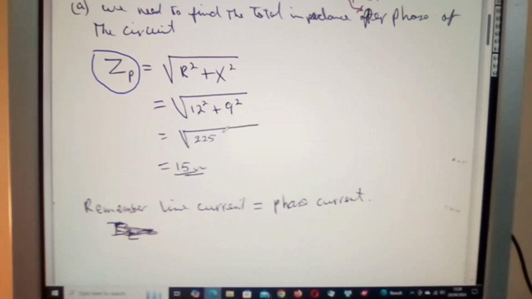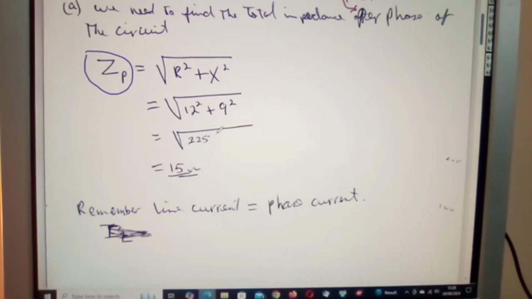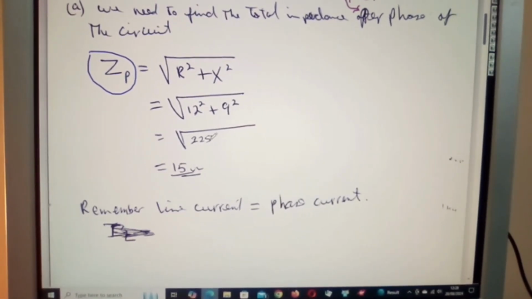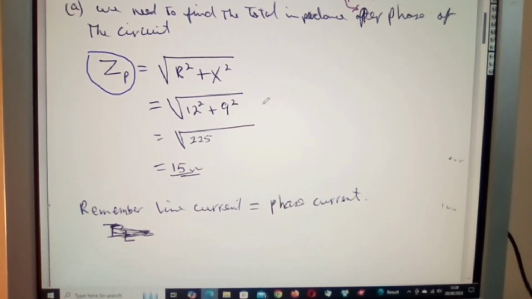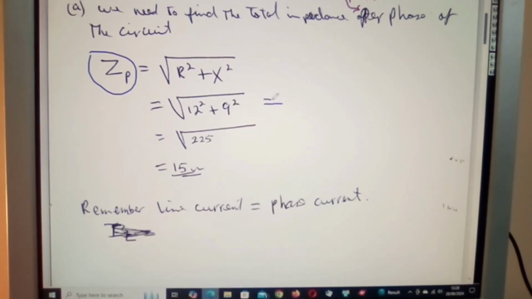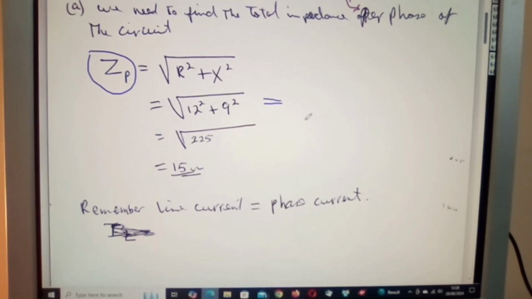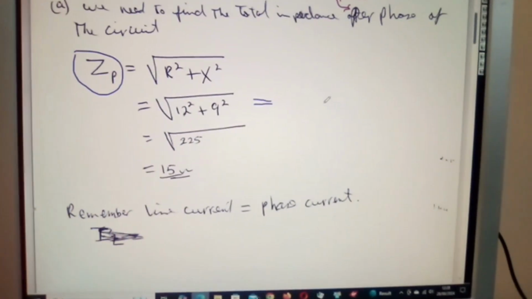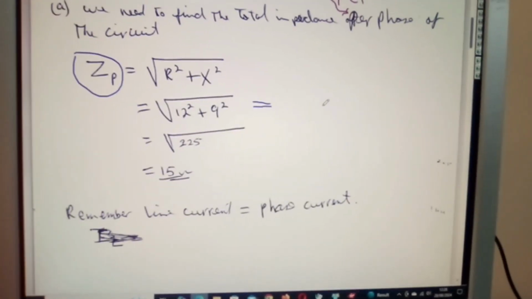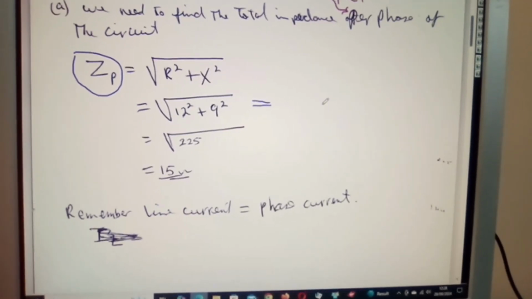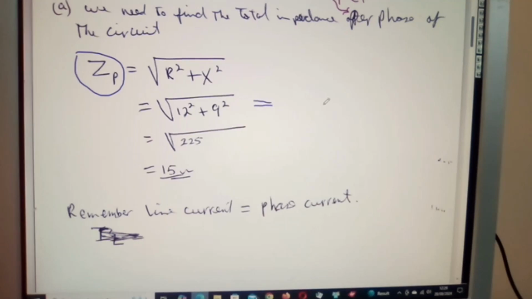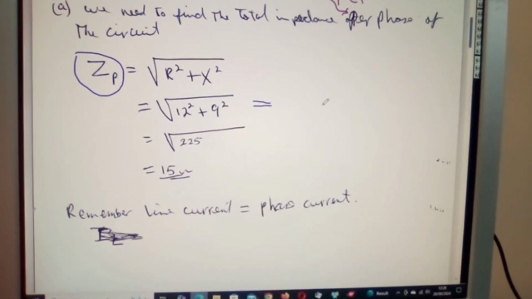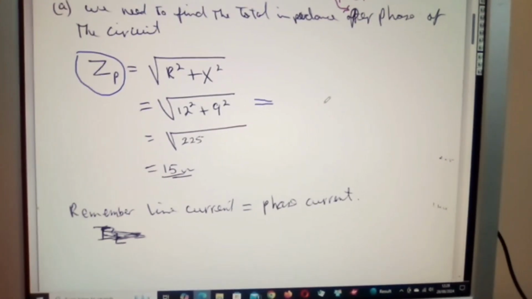Now I'm surprised here that I didn't put in what 12 squared is. 12 squared is what? 144, isn't it? Yeah, let me just check that for myself. I'm surprised that I didn't put that bit in. Equals 144.